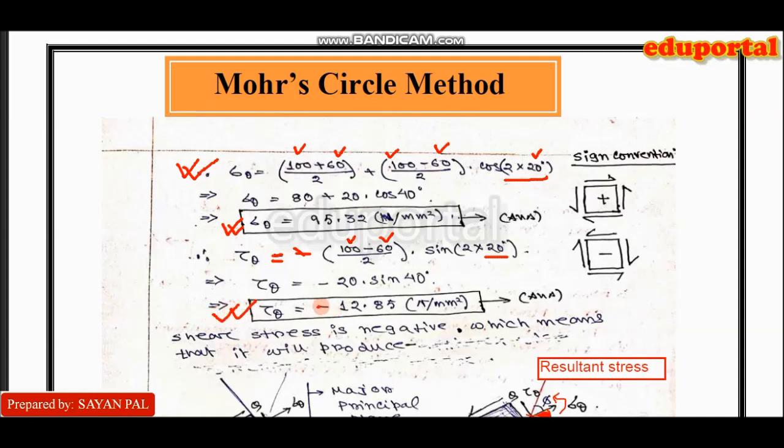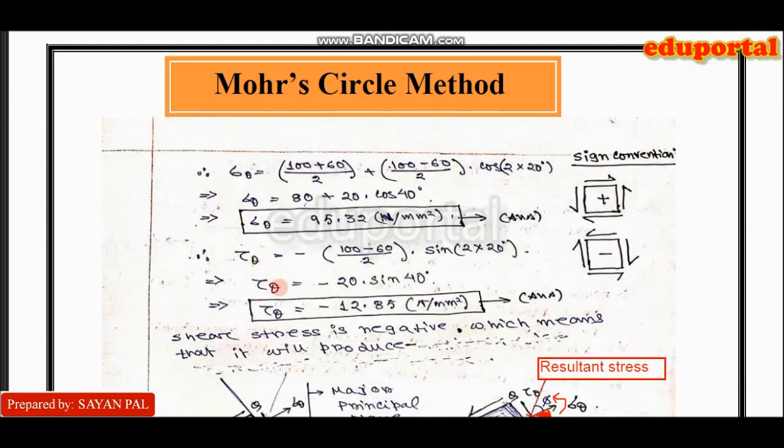The minus sign is given. For the analytical solution, the convention is that if the shear stress is like this, then it is considered positive. That means if shear stress comes positive, the direction of shear stress will be like this, and if it comes negative, it will be like this. Here it comes negative, so we will have this kind of orientation for shear stress.